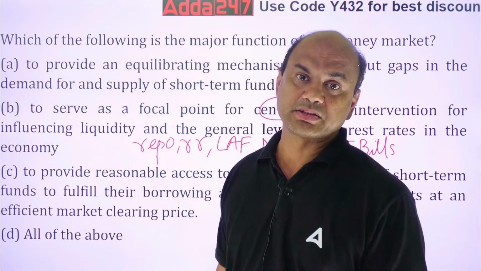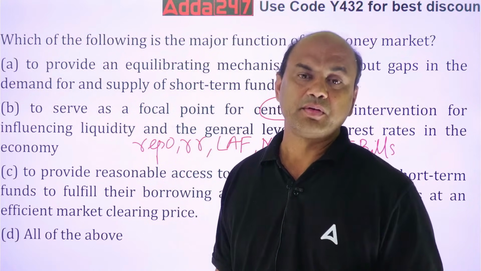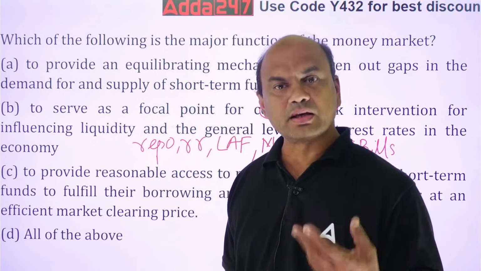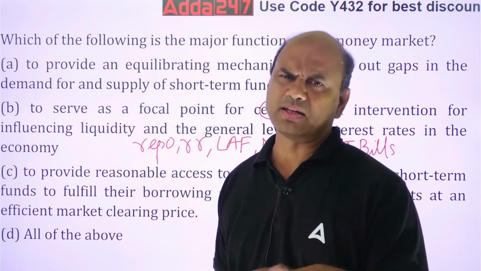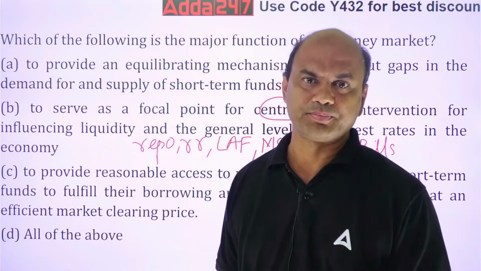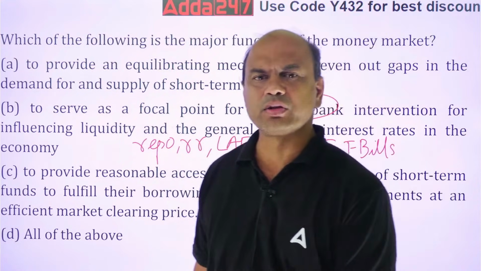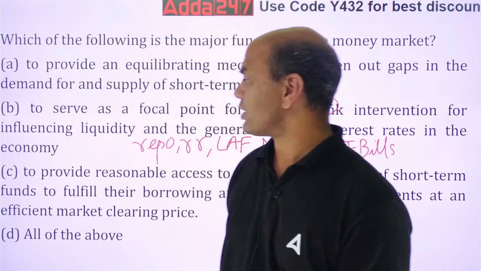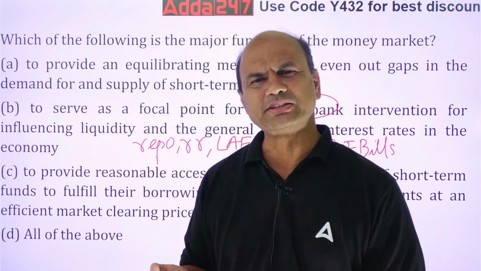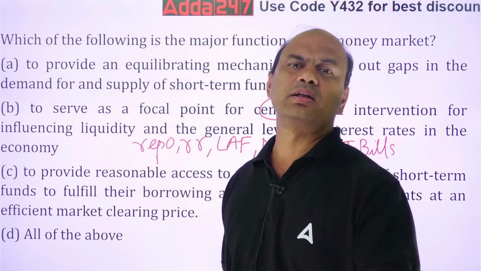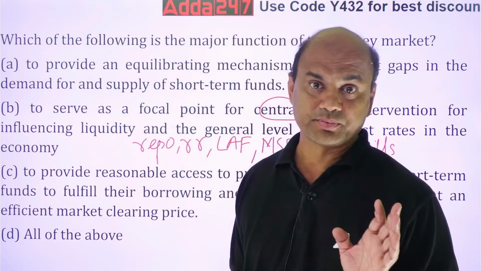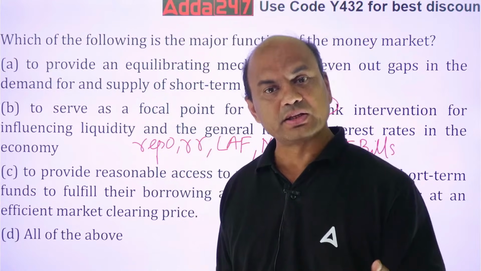Interbank lending means bank to bank lending. Bank to bank lending is generally done on the basis of either repo or MIBOR. The banks fix the rate on their own. It's basically an OTC product, over the counter. One bank will deal with another bank individually, and the rate will be decided between these two banks.